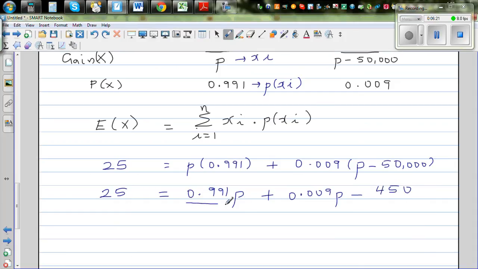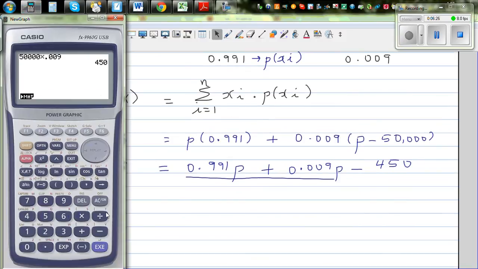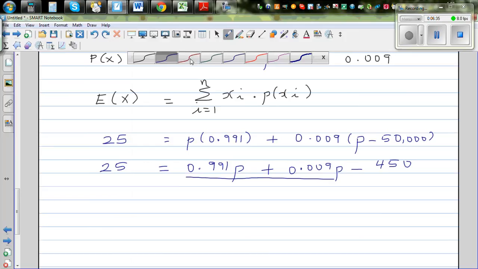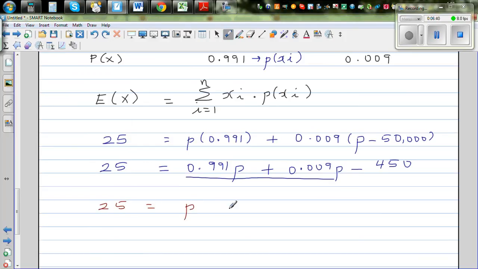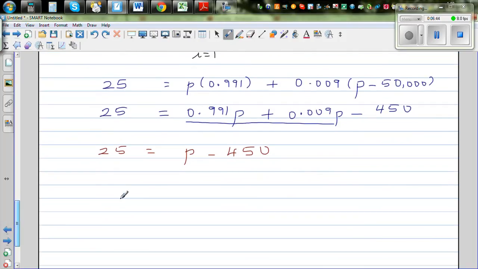If we add, 0.991 plus 0.009 is 1, so this is nothing but 1P. So 25 is equal to P minus 450. Now adding 450 to both sides, 25 plus 450 is equal to P. So your P is $475.